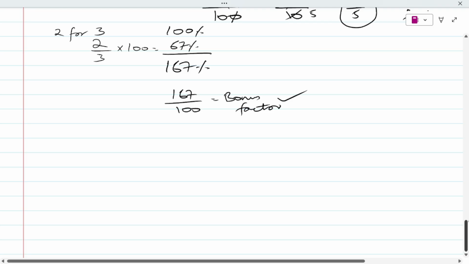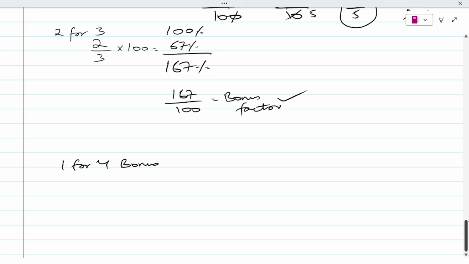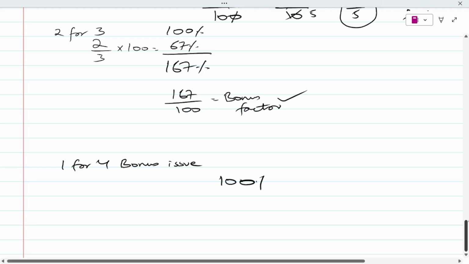Let's say you have now made a 1 for 4 bonus issue. Whatever number of shares I had in issue before this bonus issue would always be 100%. I don't care what the number of shares is, it's always going to be 100%. Then I made a 1 for 4 bonus issue.